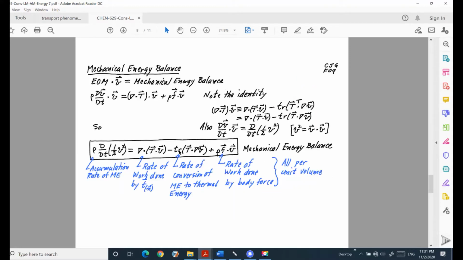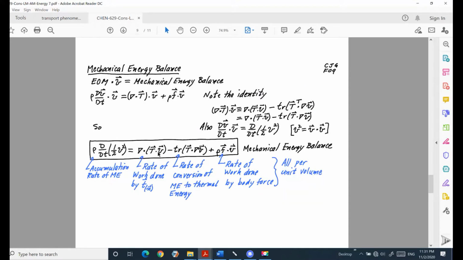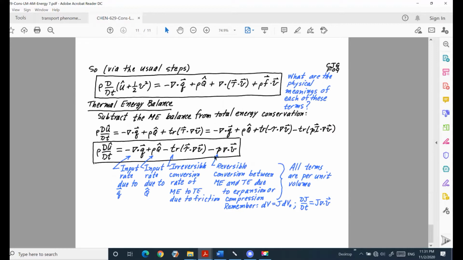Okay, so these are going to cancel each other, and we are just going to keep that one. This is going to be plus, and the pressure term is going to be minus.